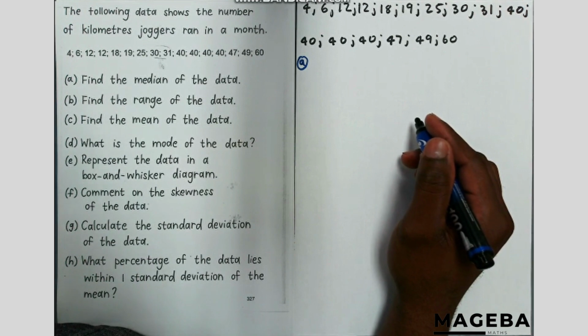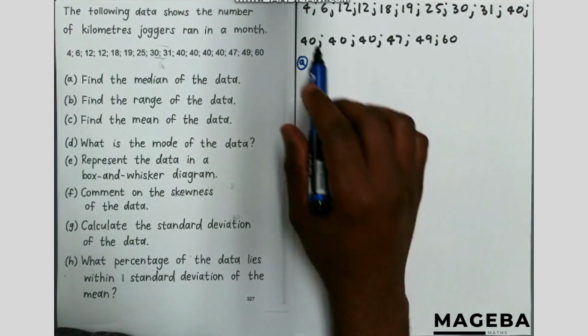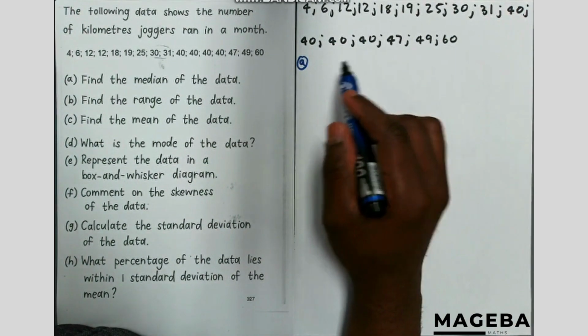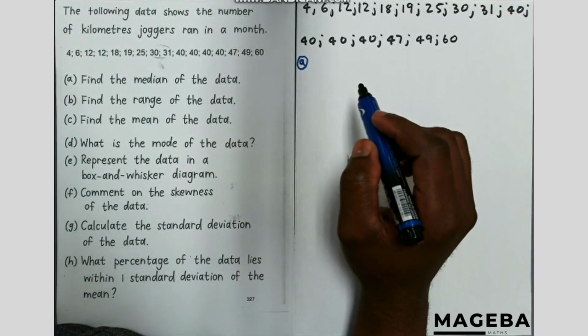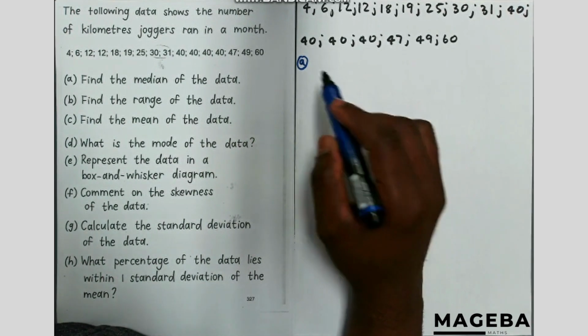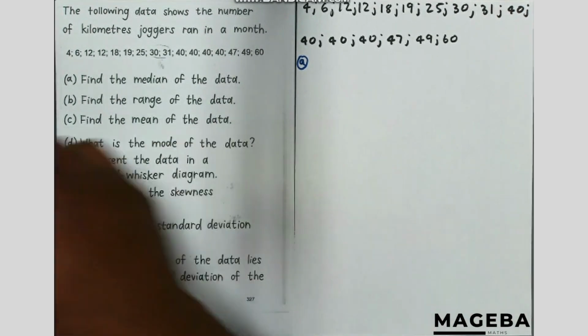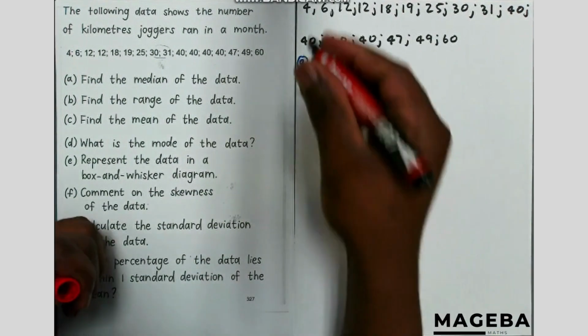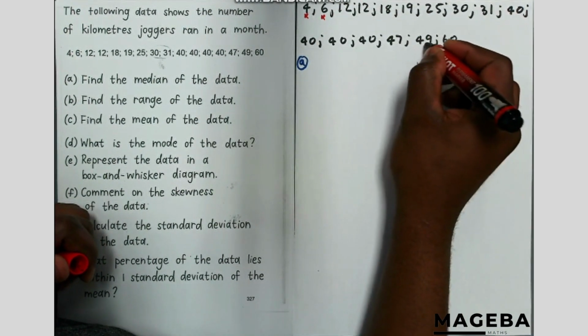So the median, I hope you still remember what the median is. The median is the middle number of the data. The numbers that we have here are already arranged from the smallest number to the biggest number. So we need to find the middle number. How do we find it? By saying this is my first, this is my last, this is my first, this is my last.